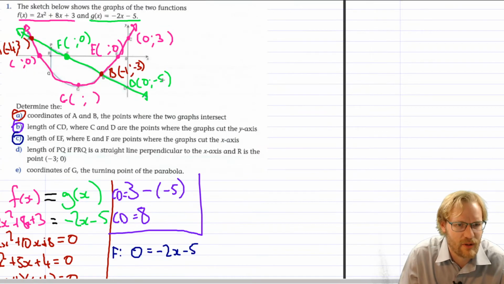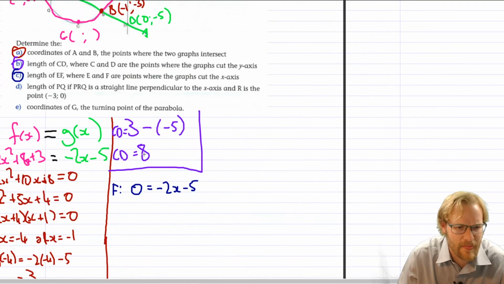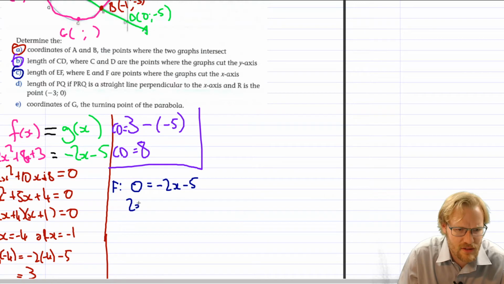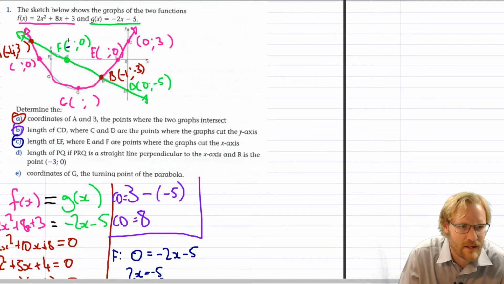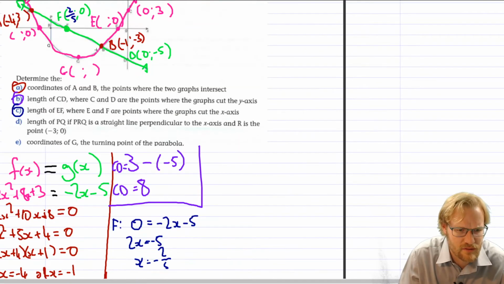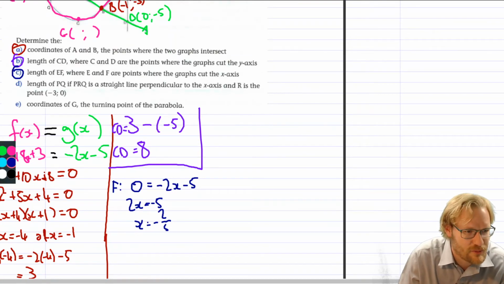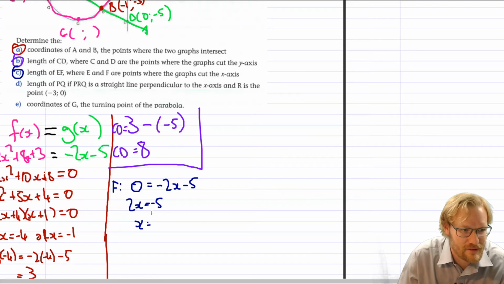Just substituting y equals 0 into our equation. Cool, 2x equals minus 5, x equals minus 2 over 5. That doesn't feel right. Surely it's minus 5 over 2. Cool, catch these slips early. Minus 5 over 2.